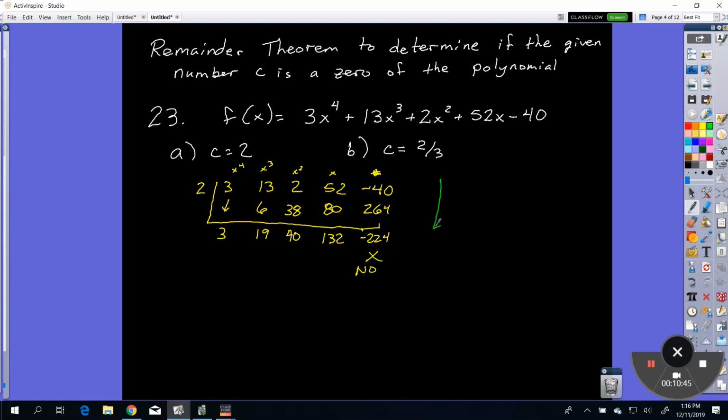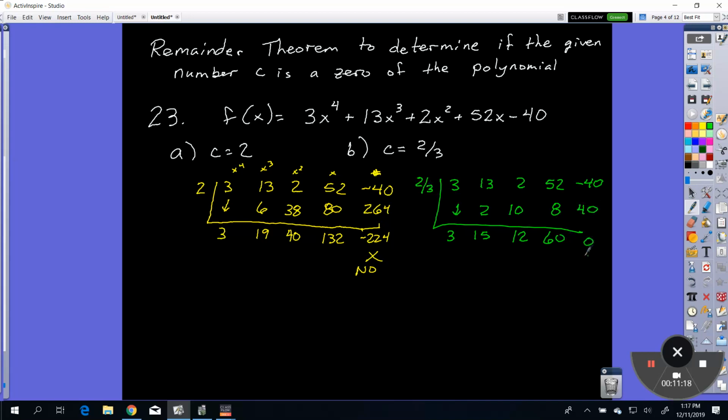So now I do the same problem, except on the outside it's a 2/3. So 3, 13, 2, 52, negative 40. The 3 comes down. 2/3 of 3 is 2. 13 plus 2 is 15. 15 divided by 3 is 5, times the 2 is 10. 10 plus 2 is 12. 12 divided by 3 is 4, times 2 is 8. 52 plus 8 is 60. 60 divided by 3 is 20, times 2 is 40.